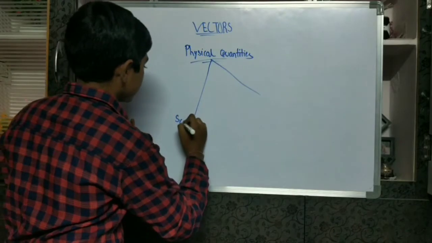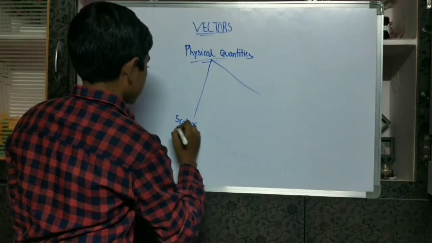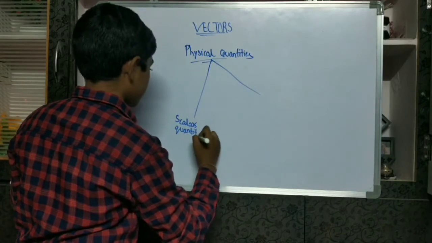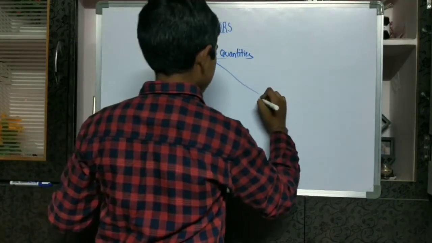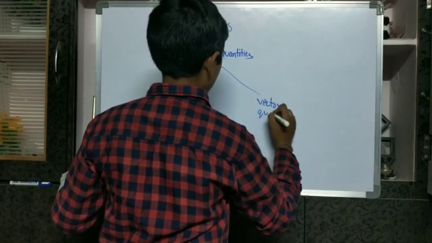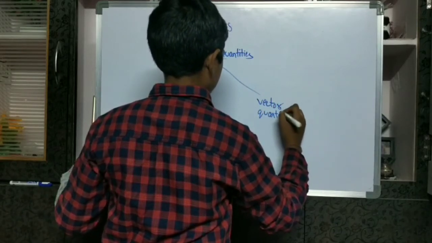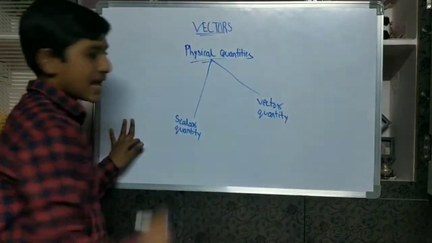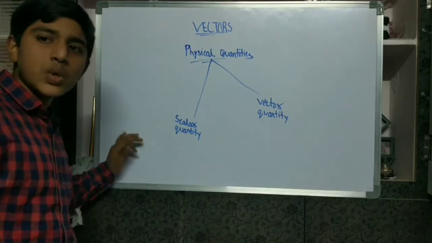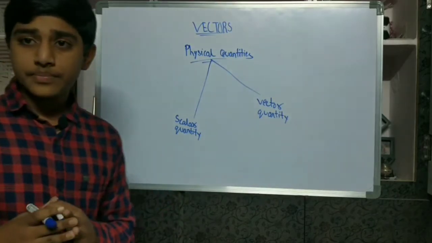One is scalar quantity and the other one is vector quantity. So what is meant by scalar quantity?